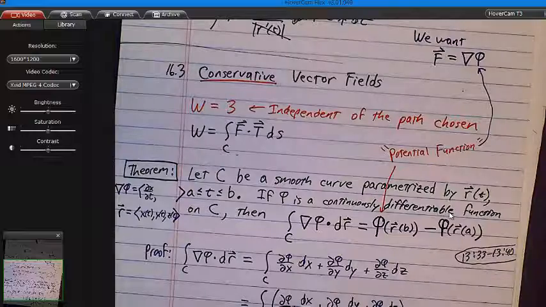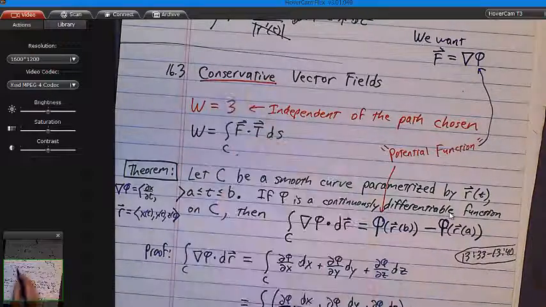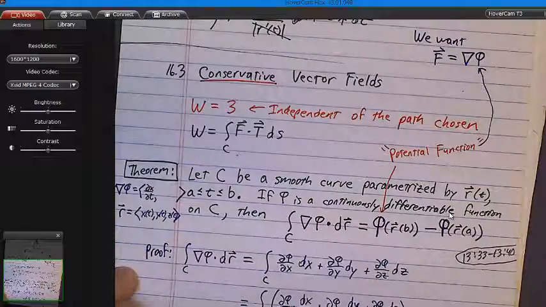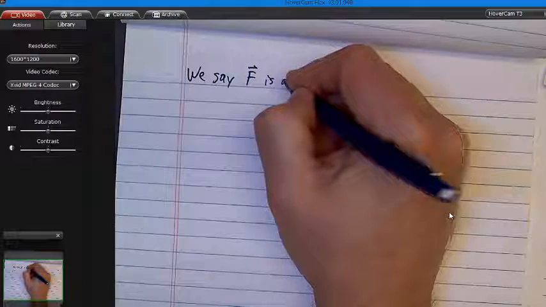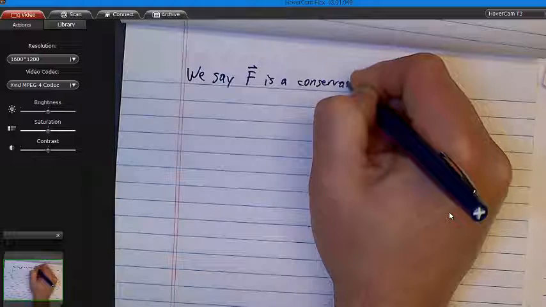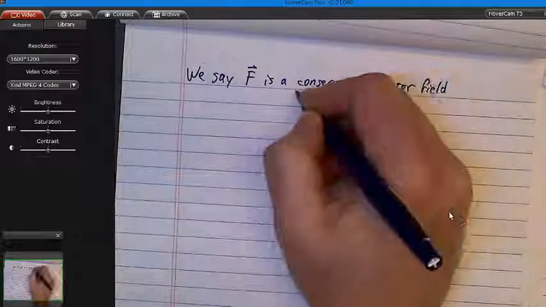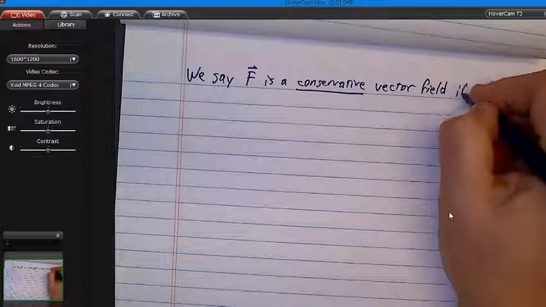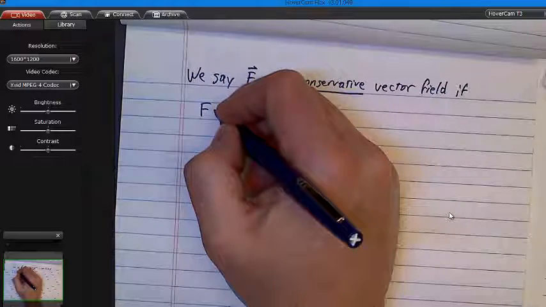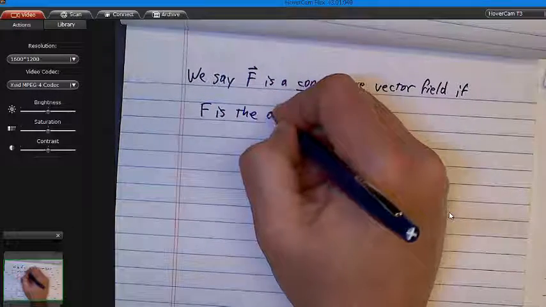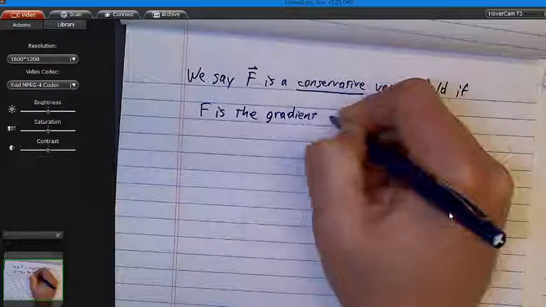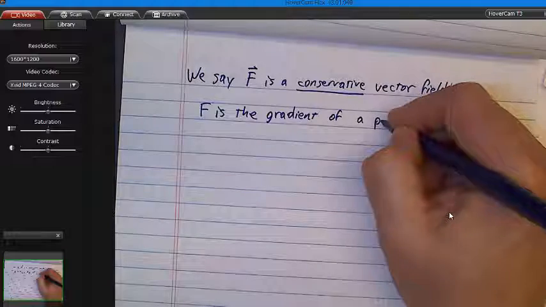Conservative vector fields are when this happens. Let me write it down explicitly, okay? So we say F is a conservative vector field if F is the gradient of what is called a potential function.